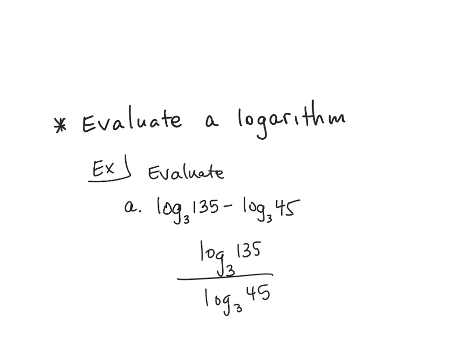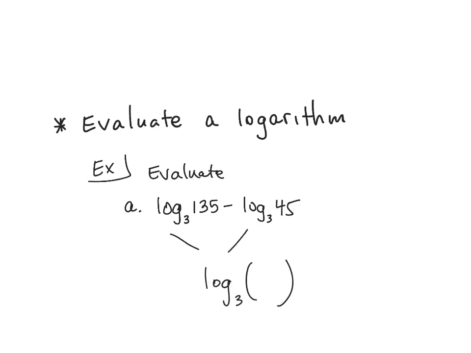The problem here is that this has not been condensed into one single logarithm. I still have two logarithms. The key to condensing is you take two logarithms and write them as one logarithmic expression. So you take two logarithms, write them as a single logarithm, and the terms inside the logarithm are what form the quotient.